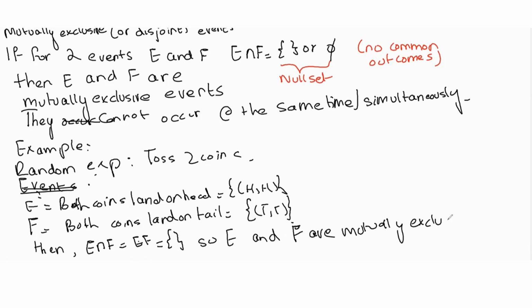So this is what we mean by mutually exclusive events: those where the intersection is the null set. They don't have any common outcome, so they cannot occur simultaneously.